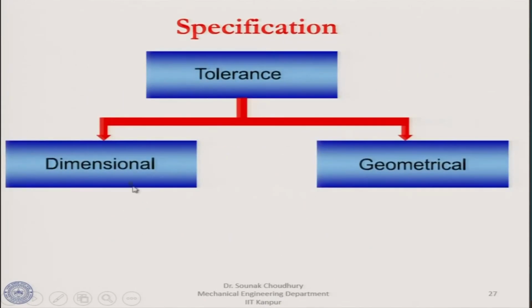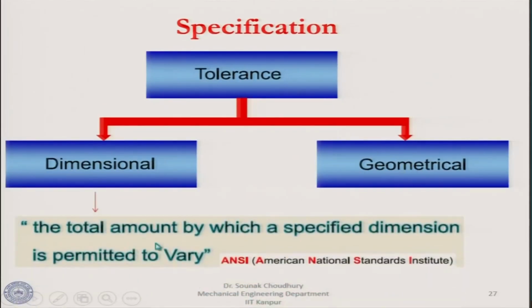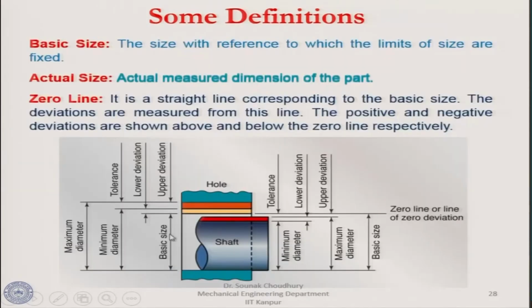Now, it can be dimensional or geometrical. Tolerance is the total amount by which a specified dimension is permitted to vary. Let us see here. This is the hole, and here is the shaft. For the shaft, this is the minimum diameter and this is the maximum diameter.